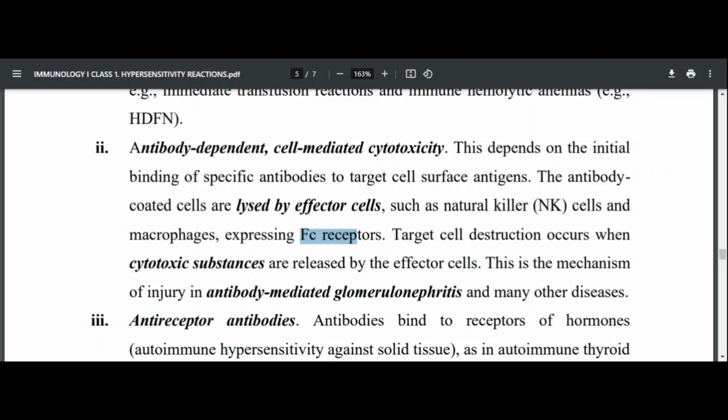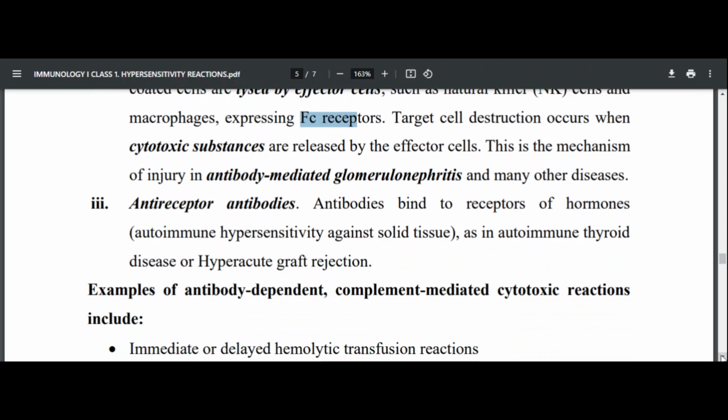So the third category of type 2 hypersensitivity is called anti-receptor antibody. Antibody binds to receptors of hormones, for example, in autoimmune hypersensitivity against solid tissues, as in autoimmune thyroid disease, or sometimes in hyperacute graft rejection.